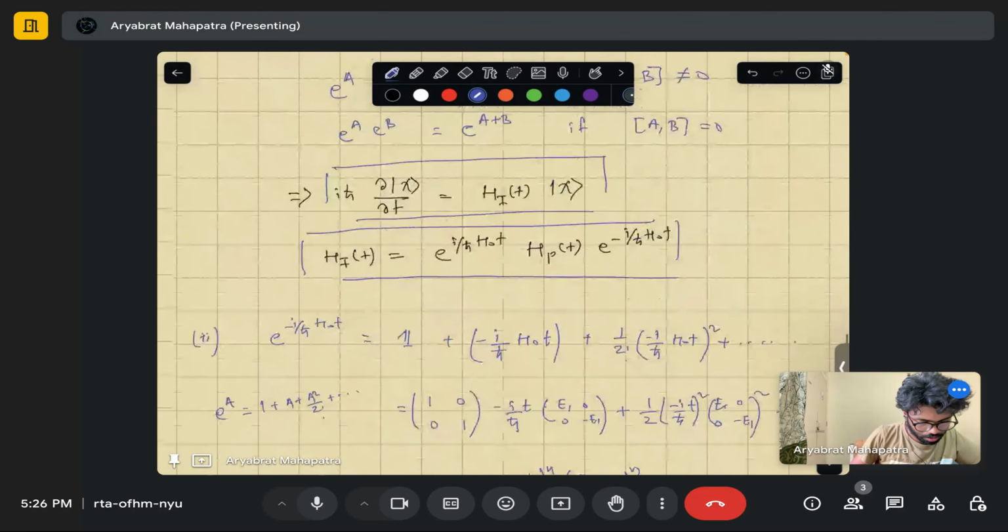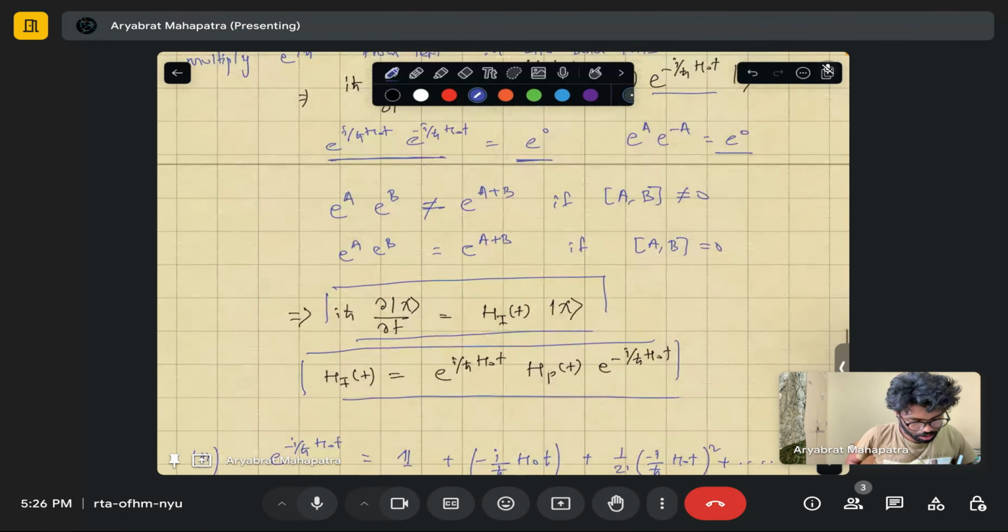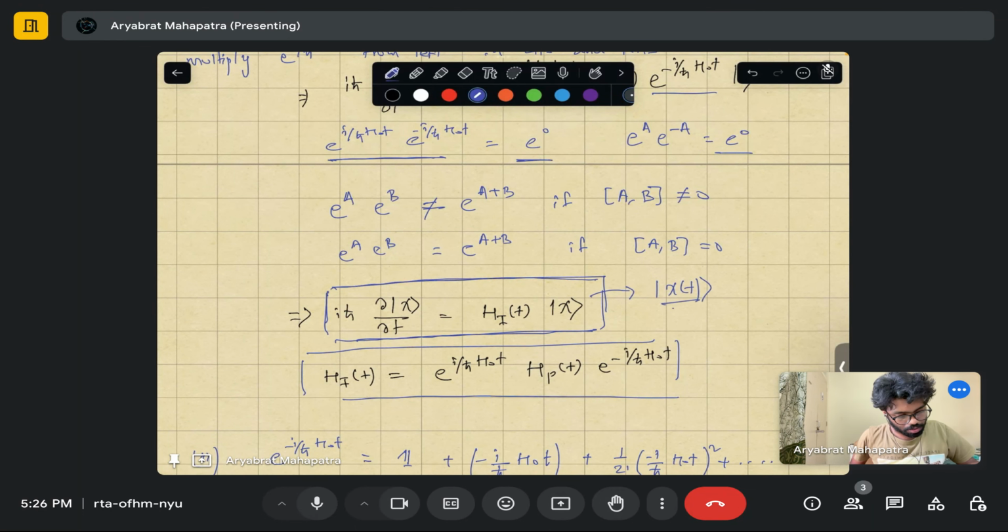Because you see, this chi is determined from this equation. If you solve this Schrodinger equation, you will get something, chi of t. This is the solution.